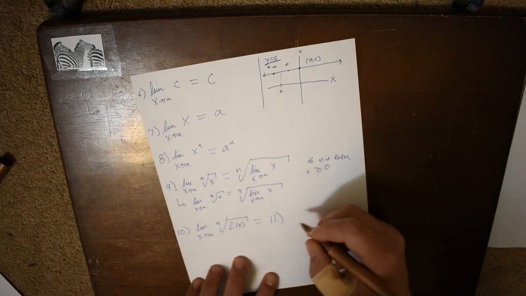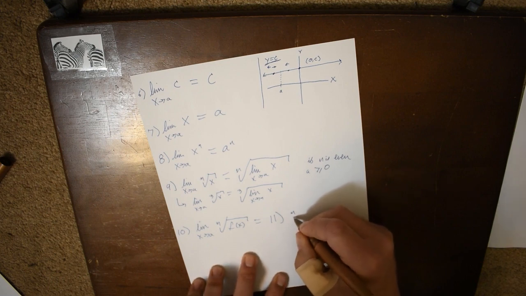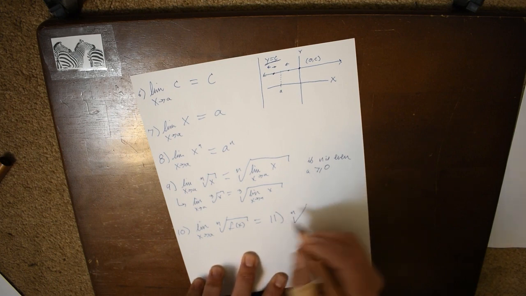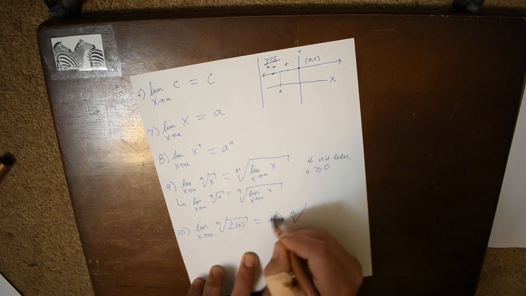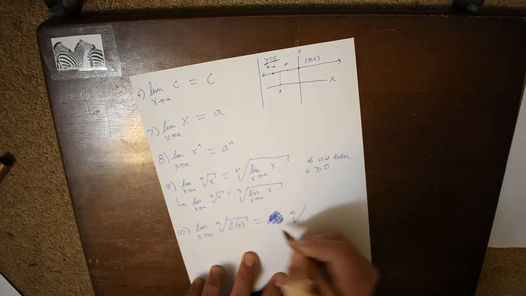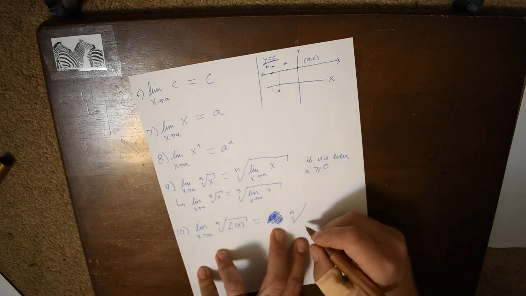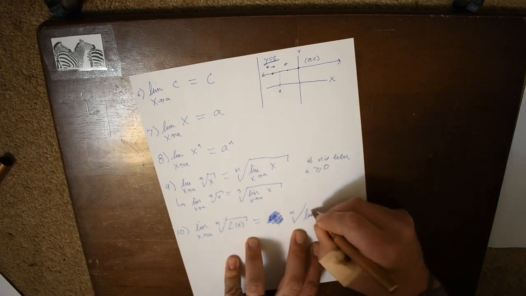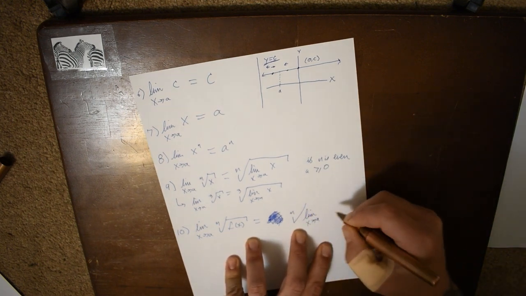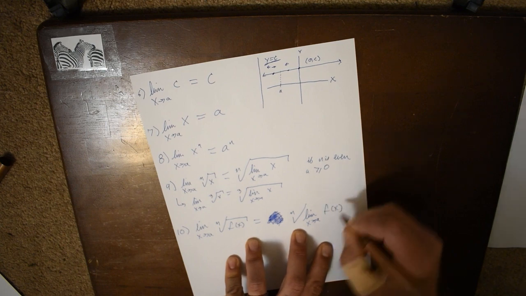I apologize. It is equal to the nth root. I don't know why I wrote 11 there. The limit of the nth root of f of x is equal to the nth root of the limit as x goes to a of f of x.